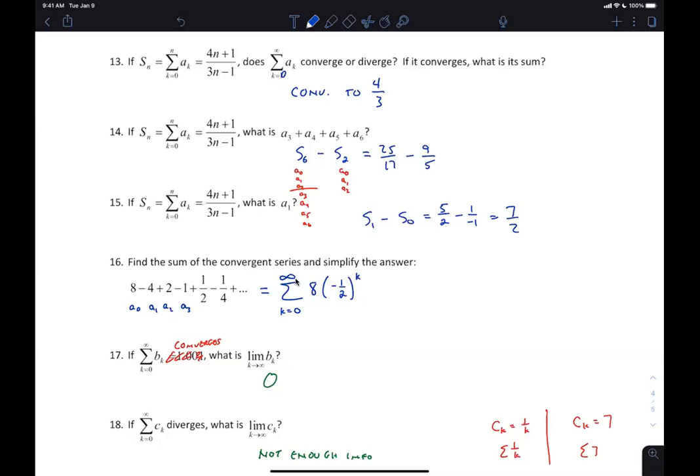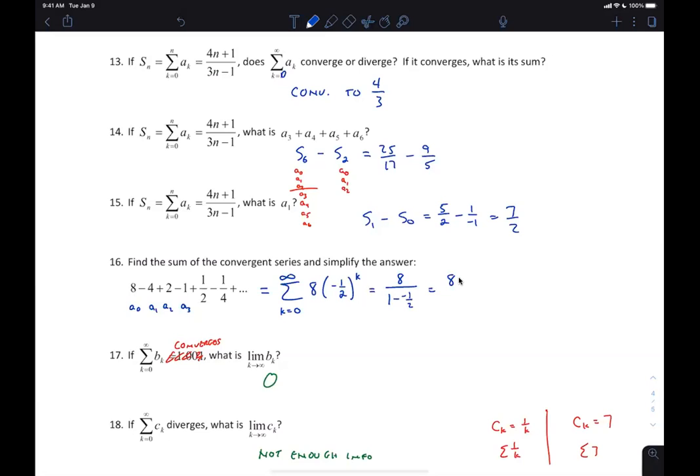Okay, and so then, yeah, we can do an arithmetic one in just a minute. If we're going to find the sum of this, well, we know it converges already, so it's a over 1 minus r. Remember that a is what you get when you plug in 0, so it's 8. Then 1 minus -1/2 is 3/2.